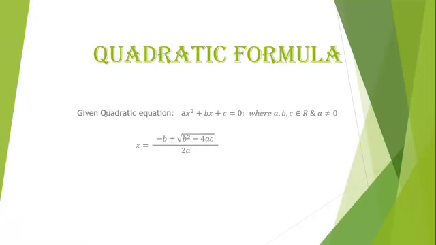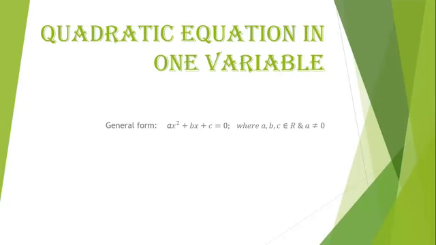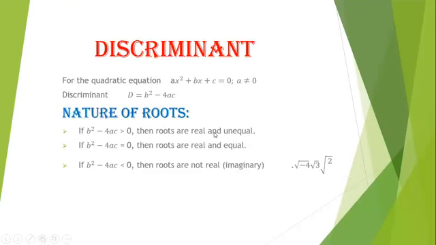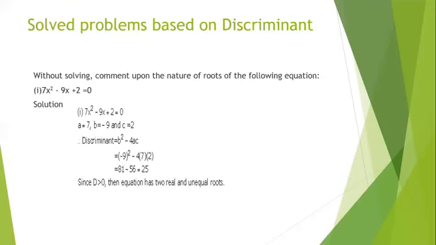What was the general form of the equation? The general form of the equation was ax square plus bx plus c. So this ax square plus bx plus c is compared with 7x square minus 9x plus 2. So in place of a I have 7, b is minus 9 and c is plus 2.